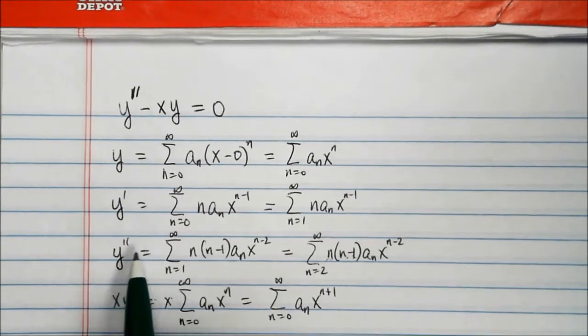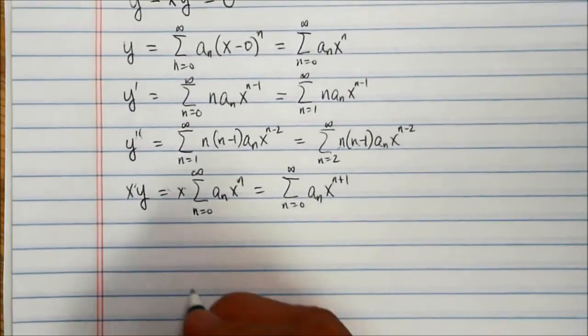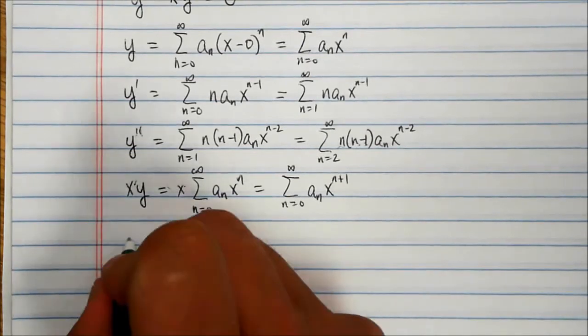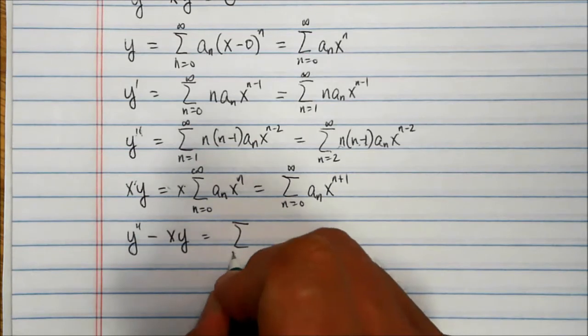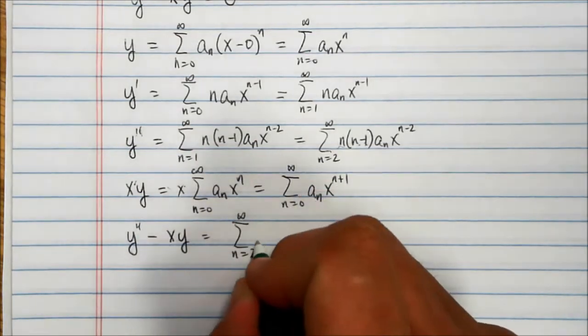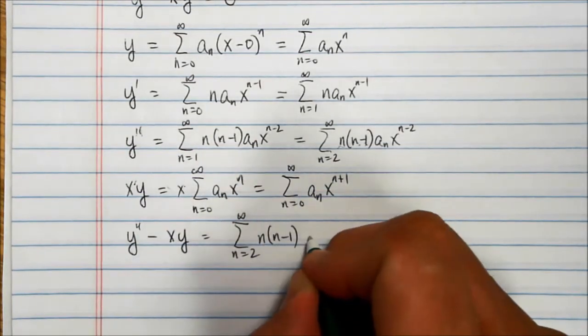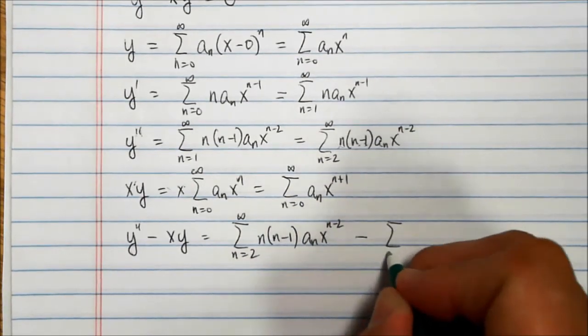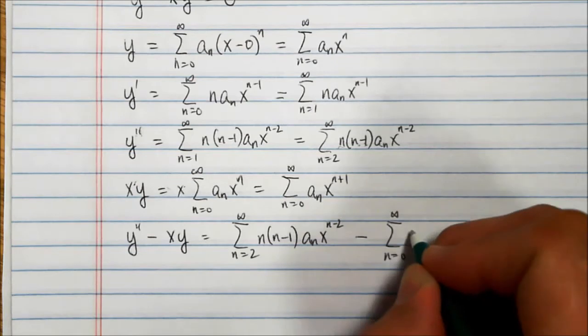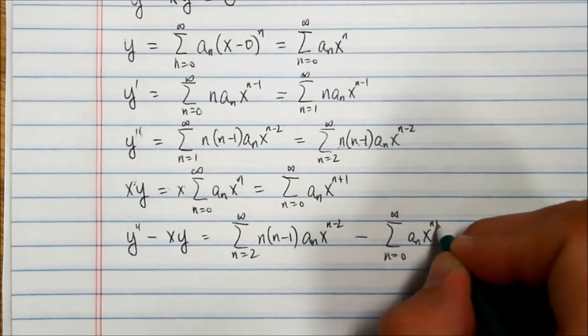Okay, and so let's take these two things and subtract, so that y double prime minus x times y is equal to summation n equals 2 to infinity n times n minus 1 a sub n x to the n minus 2 minus summation n equals 0 to infinity a sub n x to the n plus 1.